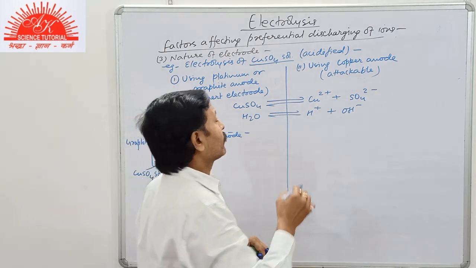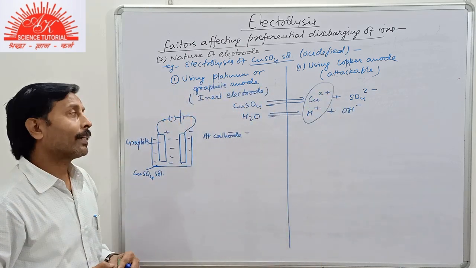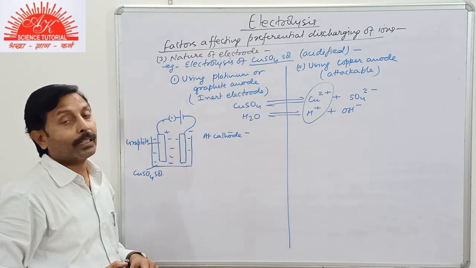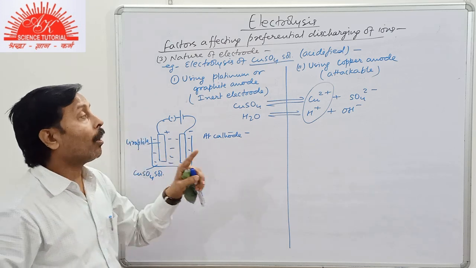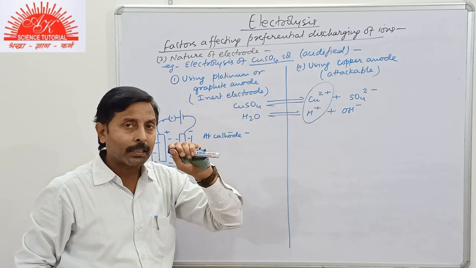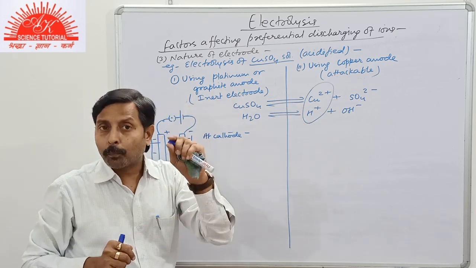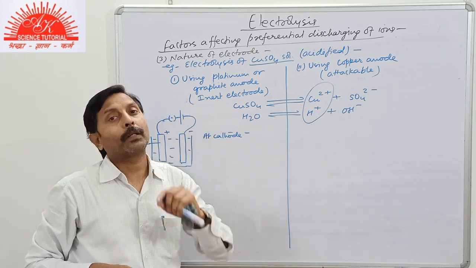Now in general, since we know that these are the two cations, they will migrate to cathode. But if you recall the position of these ions in electrochemical series, then Cu2+ ion is lower in position than H+ ion.